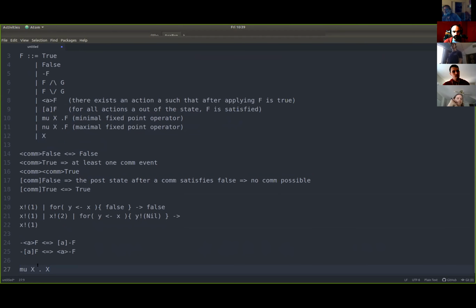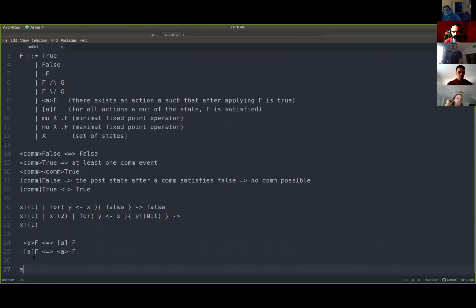mean that the state is in the set X. So here, this is a set of states. And so, let's just write down a definition first.